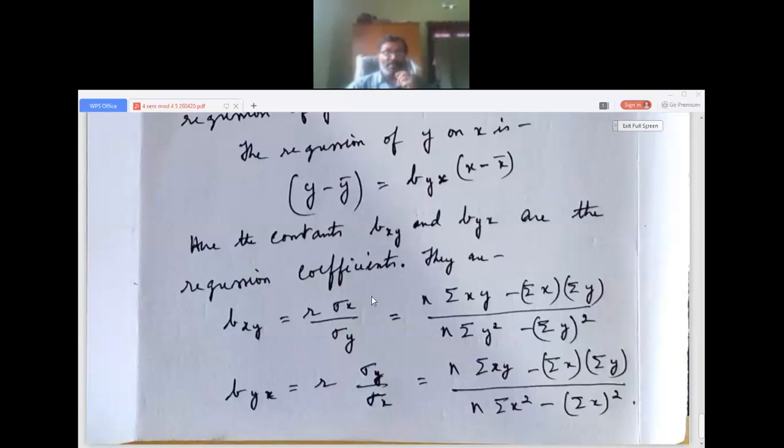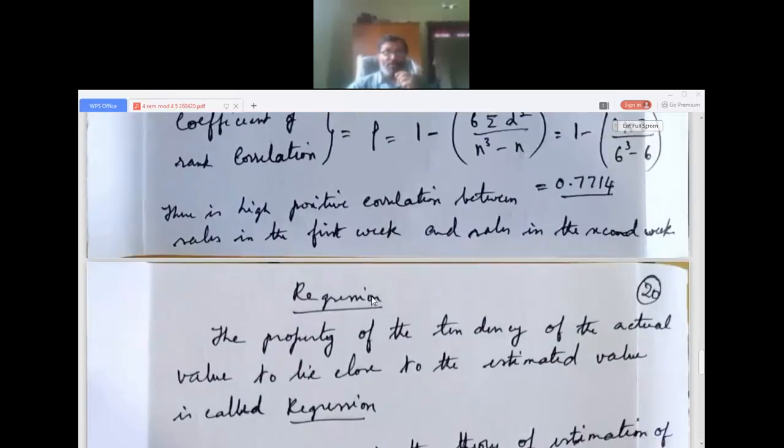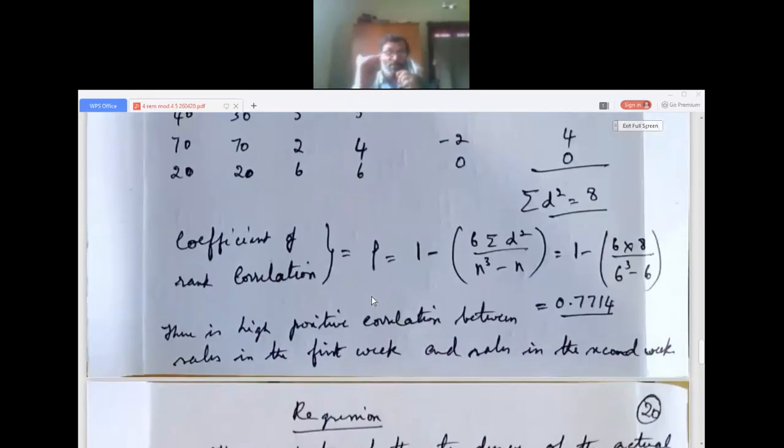So once again I will explain what we did today. First we studied the coefficient of rank correlation. In today's class we started module 4 with the coefficient of rank correlation. The variables are given with their values, find their ranks, assigning the ranks depending on the magnitude. Then find the difference d equals r1 minus r2, then the d squared column.